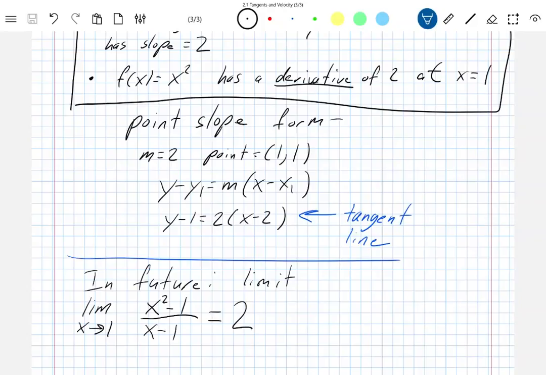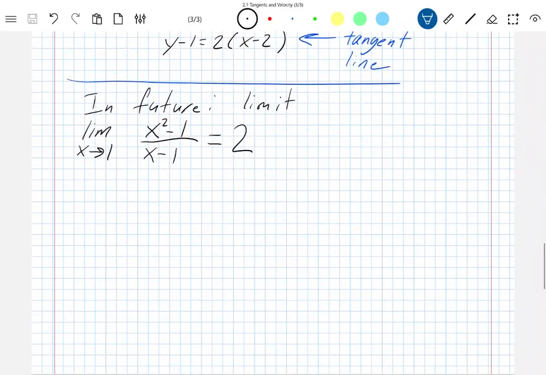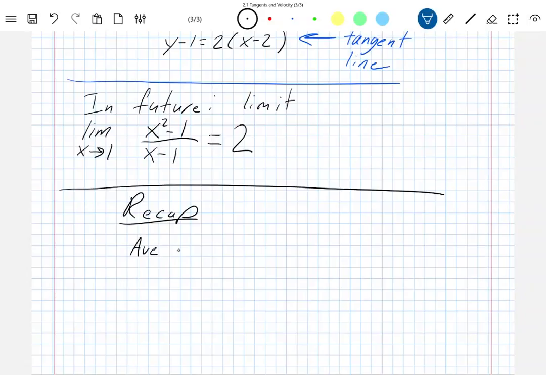Okay, that's really it. So just the quickest of recaps. We had our average velocity is what we started with. This got generalized to average rate of change. And then this became the slope of a secant line.